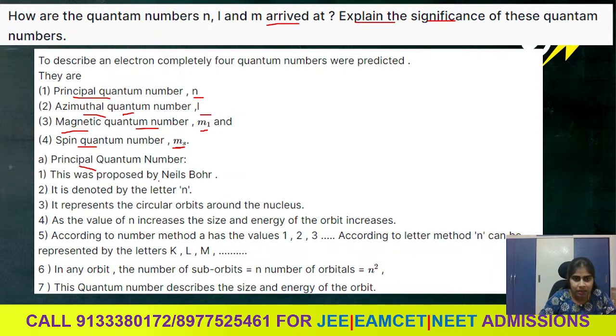This was proposed by Niels Bohr, as we have seen in the last question. Bohr's quantum number, the energy shells, is denoted by the letter n. It represents the circular orbits around the nucleus. So this is the nucleus, and the circular orbits around it are represented by this n value.